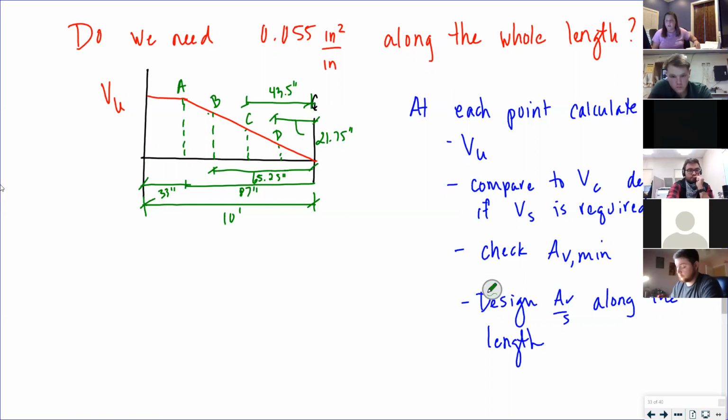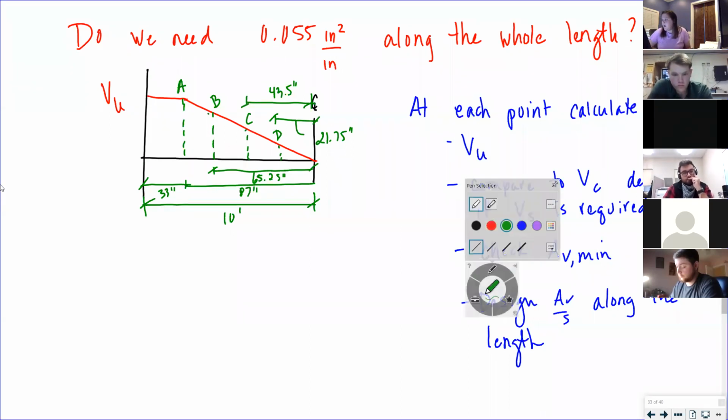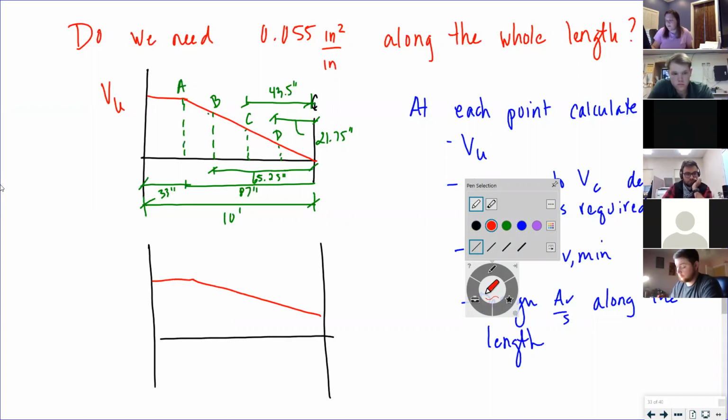Another way to look at it is, you draw your shear, how much you need, and then you plot what your VC is, something like that.